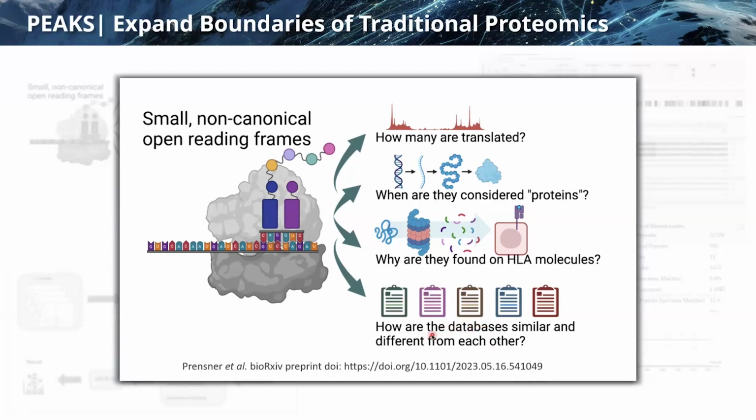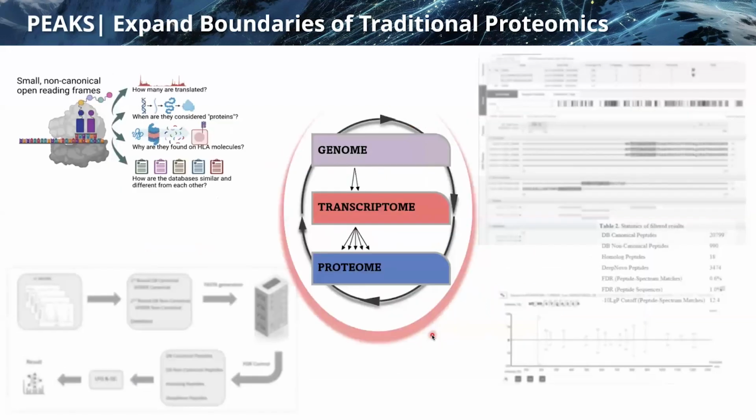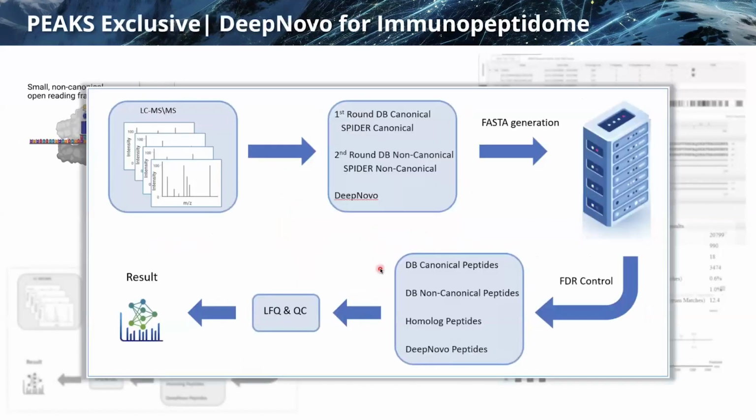So how can Peaks help bring immunopeptidome discovery to another level and try to better integrate the canonical, the non-canonical, and novel proteome or peptidome?